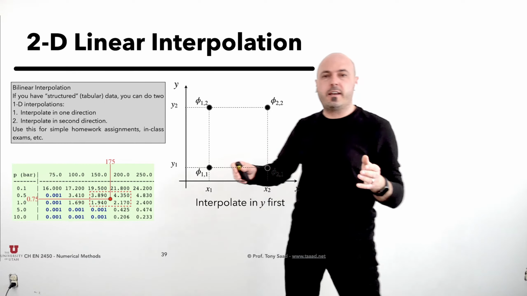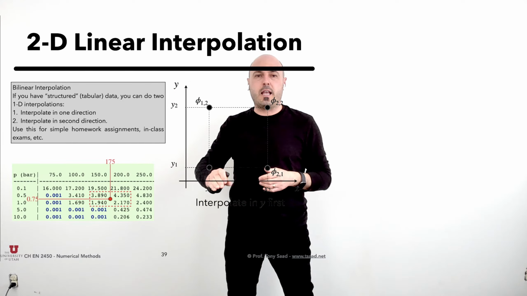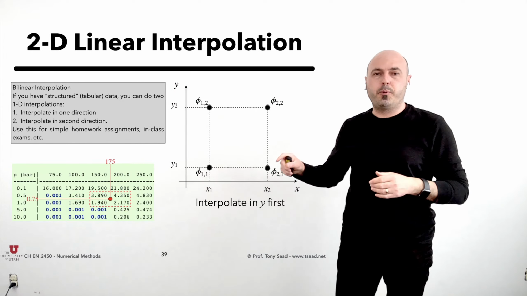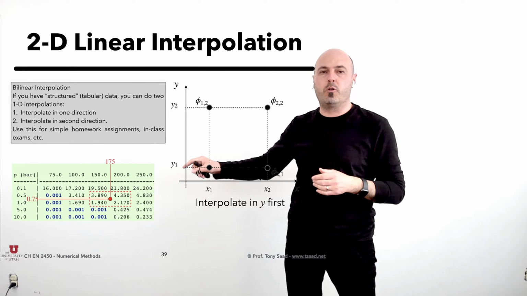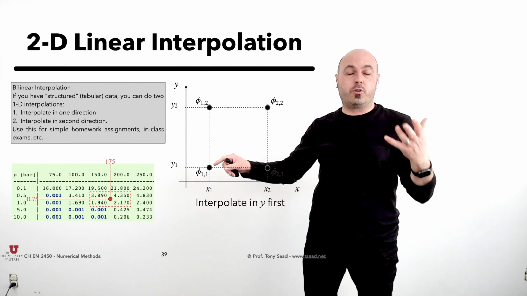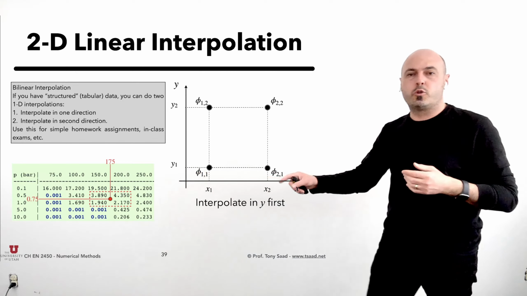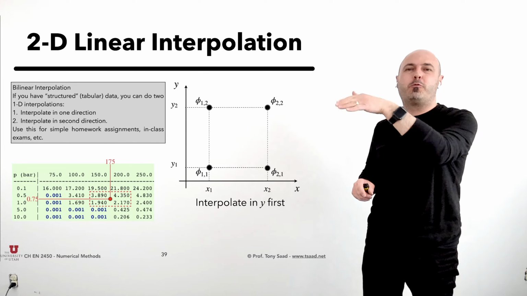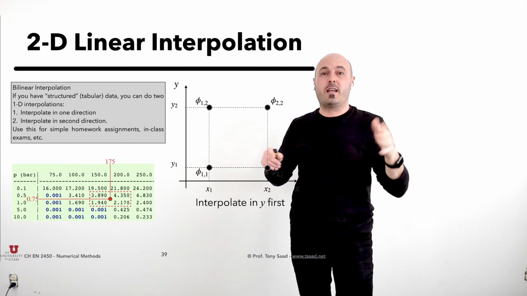This is a generic plot with the Y-axis and the X-axis, and I'm putting the values of known quantities, in this case the specific volume. I'm going to call those phi11, which is the value of phi, the dependent variable, at x1 and y1, and then phi21 at x2 and y1, and phi12 at x1, y2, and phi22 at x2, y2.